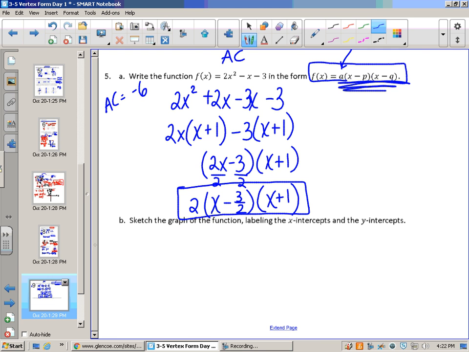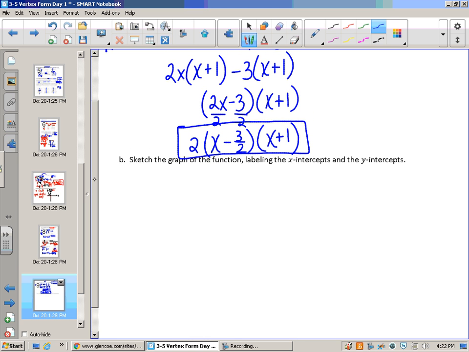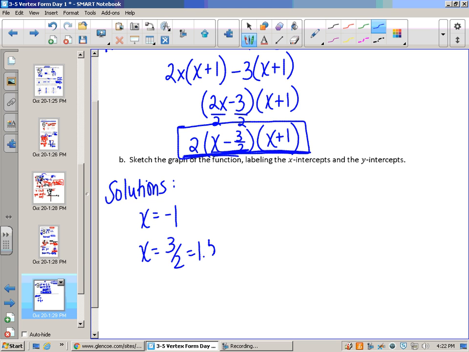Sketching this graph, you need to think about what my zeros and my y-intercept would be. If I set my equation equal to 0, I get x equals negative 1, and setting the other part equal to 0, I get x equals 3 over 2, which is the same as 1.5.